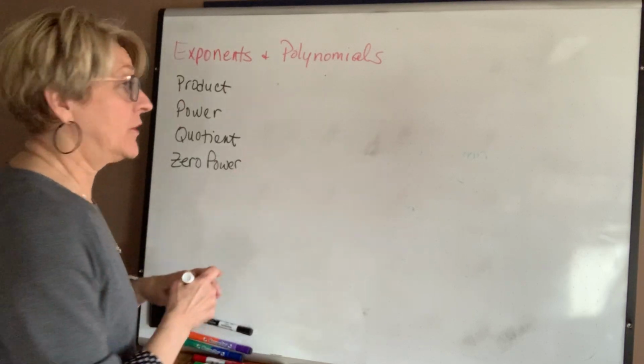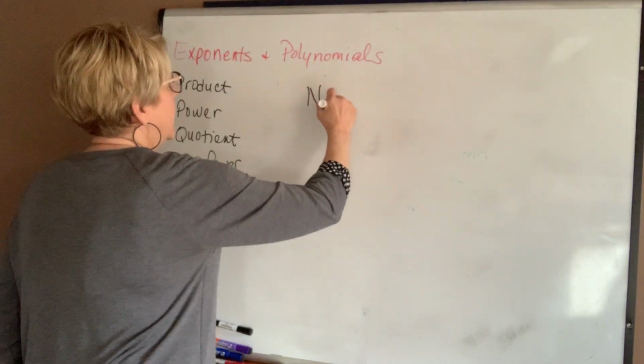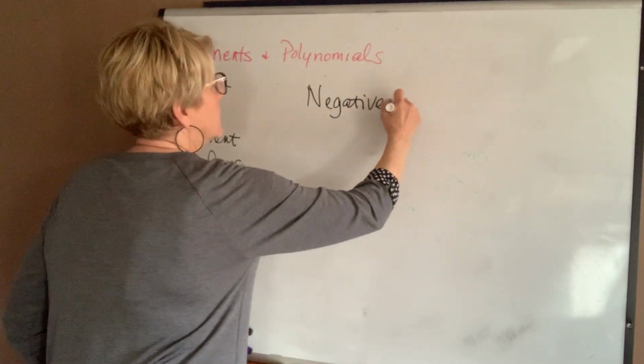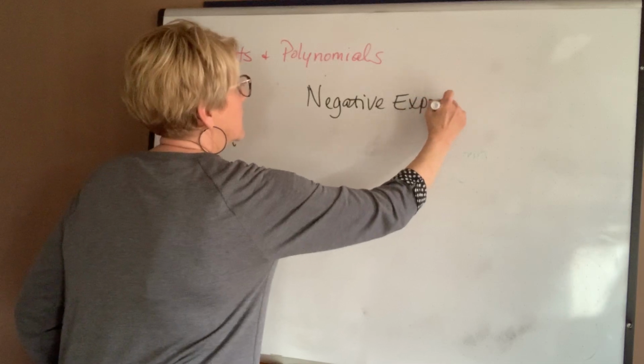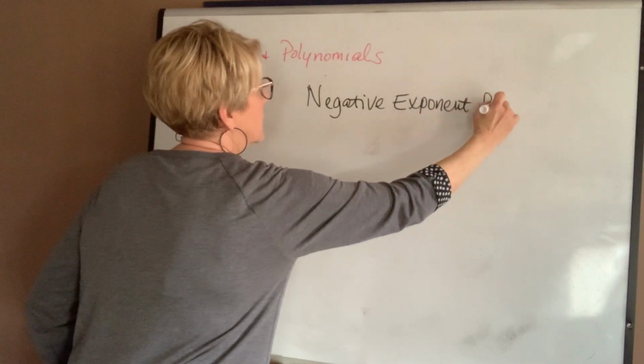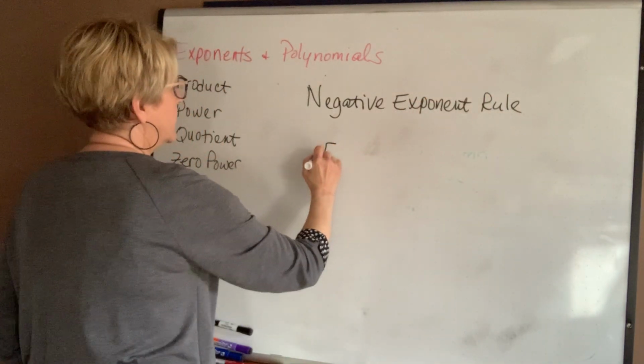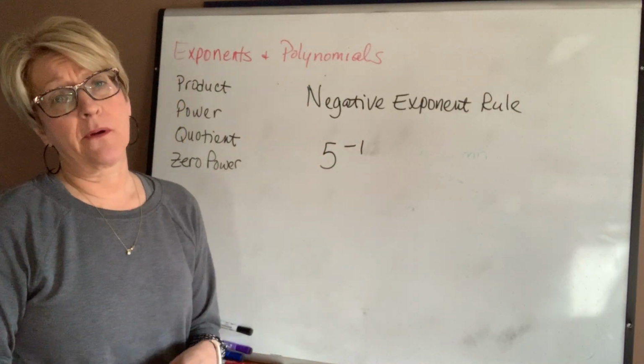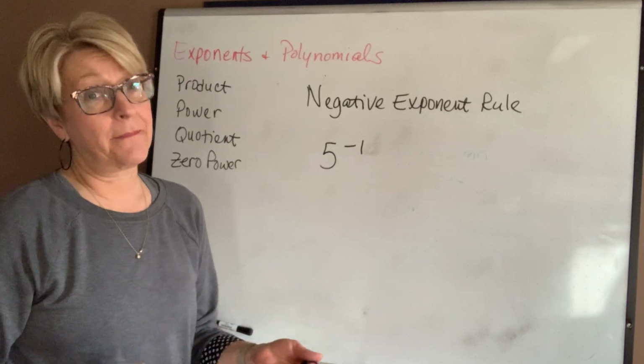Okay, today we're going to look at the negative exponent rule. So, for example, 5 to the negative 1 power. What does that mean?